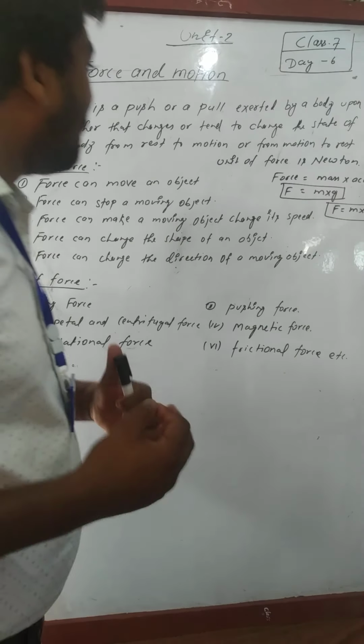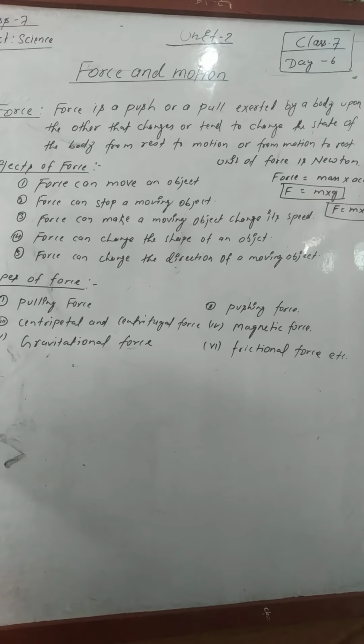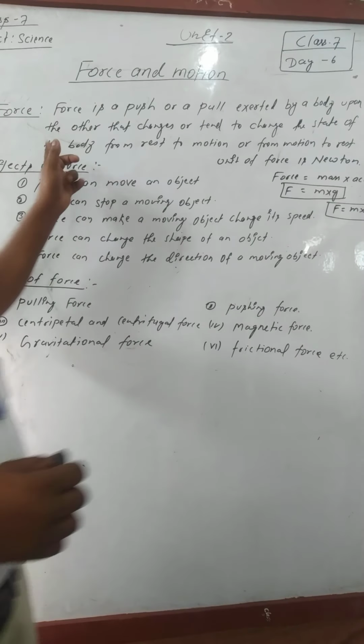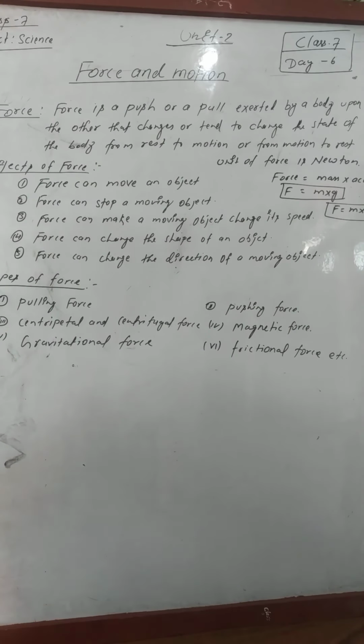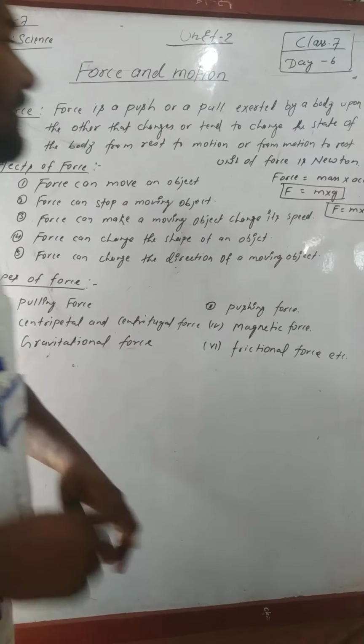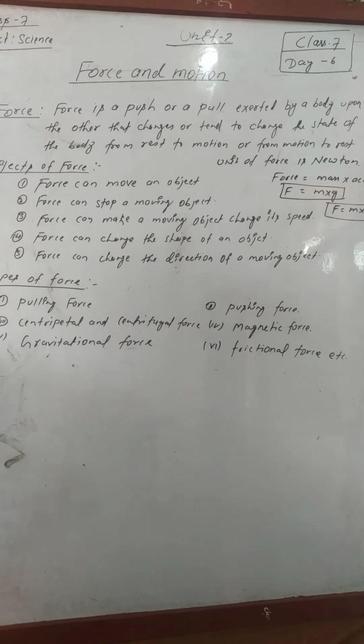Force is a push or pull exerted by a body upon another that changes or tends to change the state of a body from rest to motion or from motion to rest.